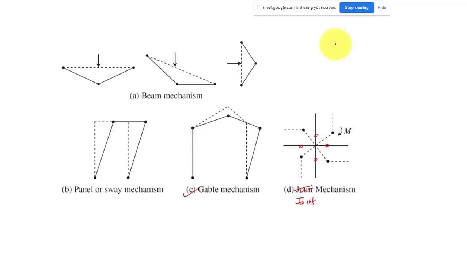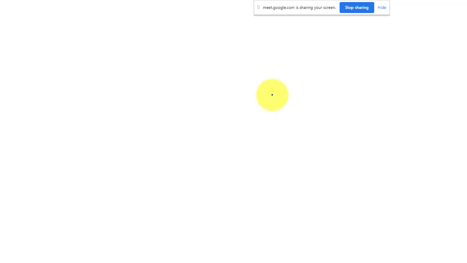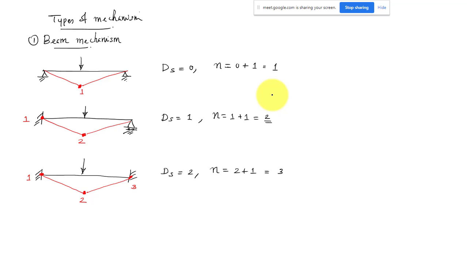Beam mechanism will also happen in a frame structure. Suppose you have a frame and you have some loading. For this span alone, we can consider a beam mechanism in this column. Beam mechanism basically does not happen only in the beam.